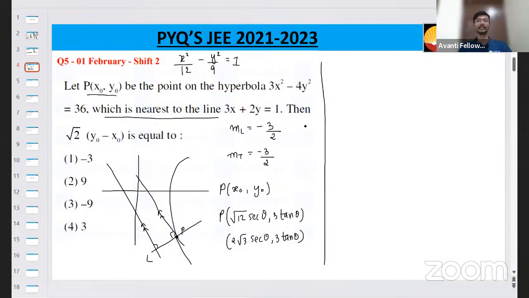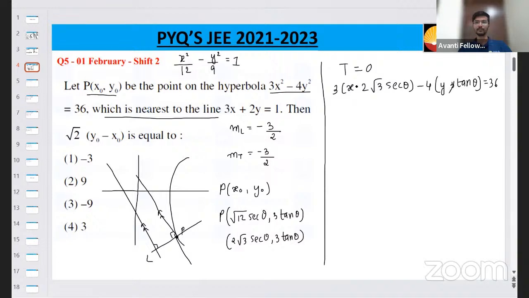Now a tangent is drawn at this point. How do we get the tangent's equation? T equals to 0. Correct? So that means if I use T equals to 0 in this, I'll get 3 into x into 2 root 3 sec theta minus 4 y into y1. Y1 is 3 tan theta, equal to 36.